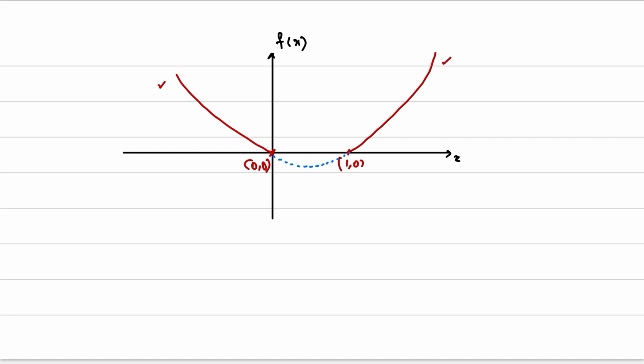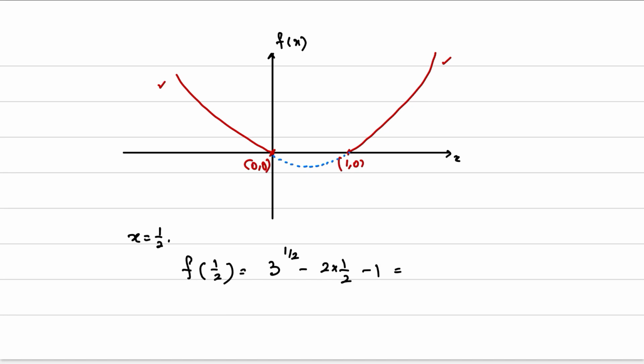Let us say x is equal to half. Then what happens? We will write like this. Function f(half) is equal to 3 to the power of half minus 2 into half minus 1.